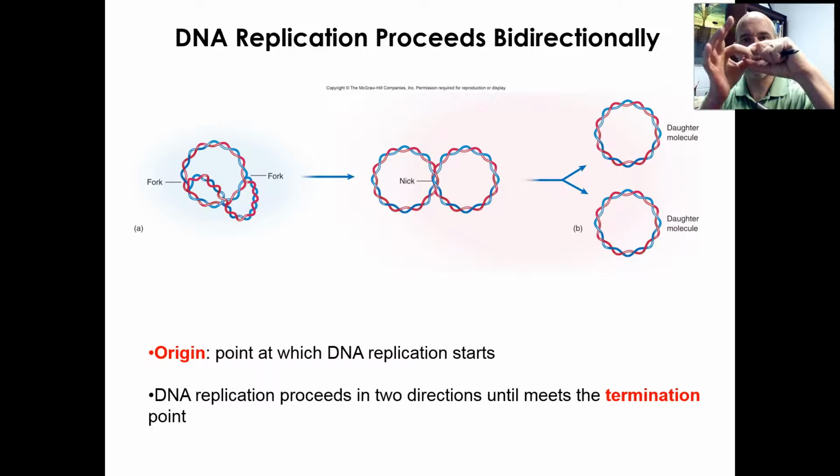If not, they'll stay stuck together like that. So you've got to nick the backbone so that they can be pulled apart. So that's called DNA replication. The point where you finish DNA replication is called the termination point.